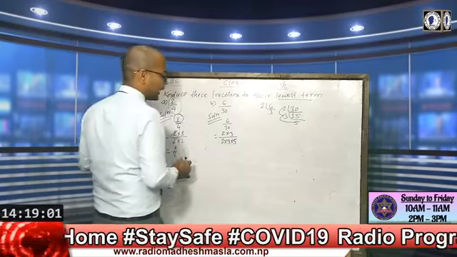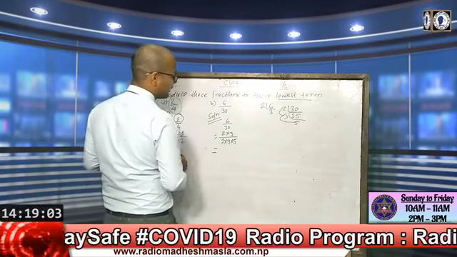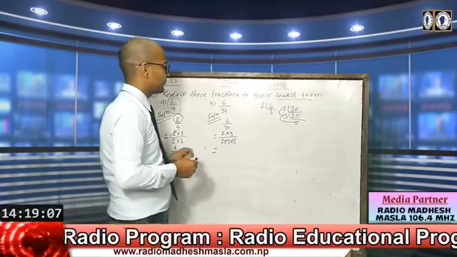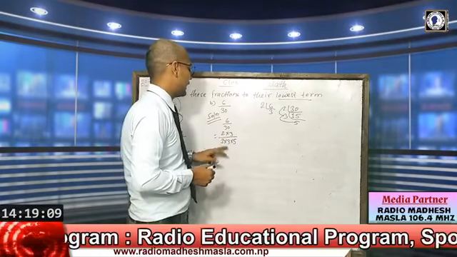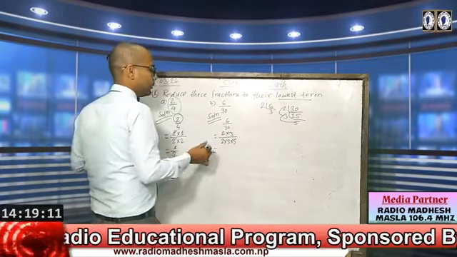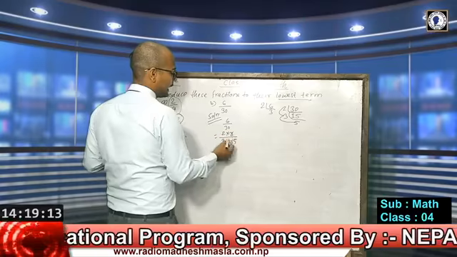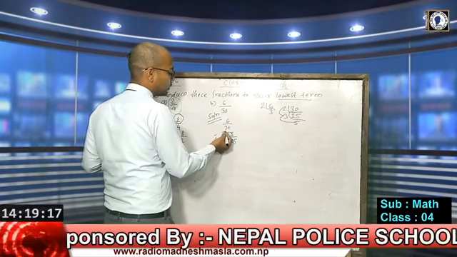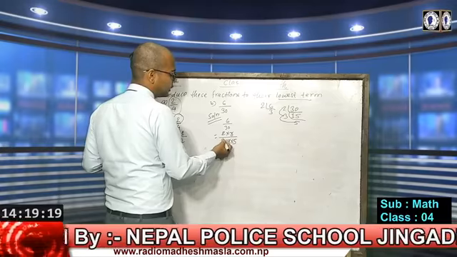And again we should cancel the common number which comes in the numerator and the denominator. In the numerator there is 3, and in the denominator there is 3, so 3 cancels. Then there is also 2 in the numerator and 2 in the denominator.